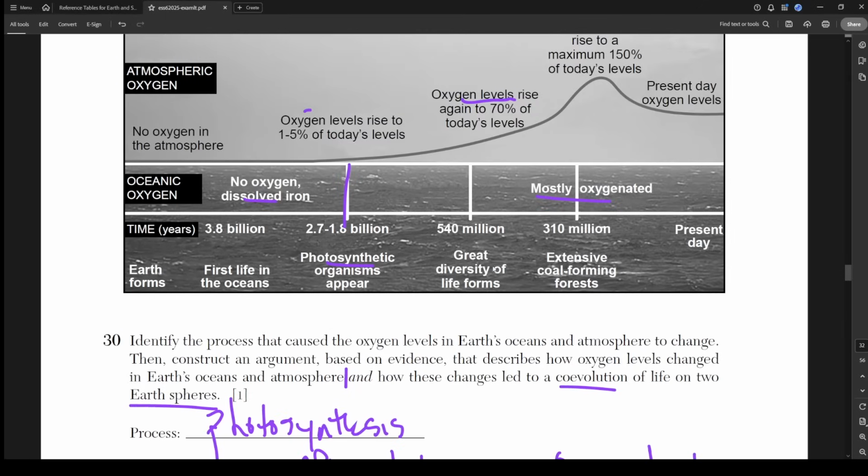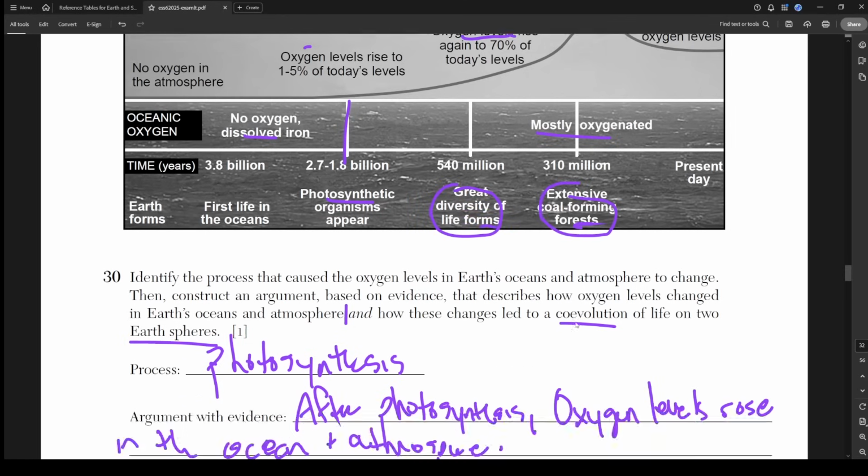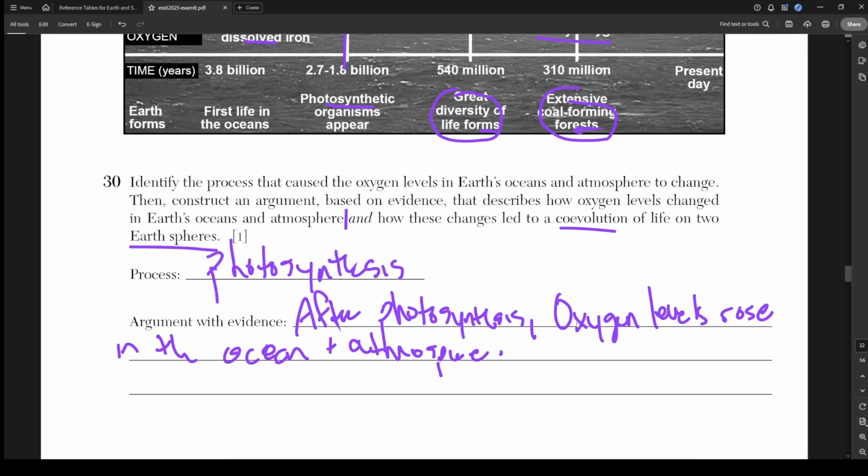Well, greater diversity started forming. There's more forests. So we could say there's more forests. And then we could say there's more different fish. There are more forests forming.